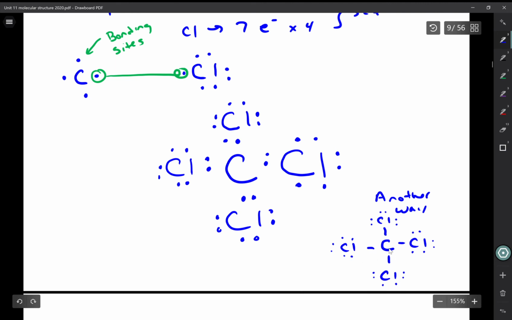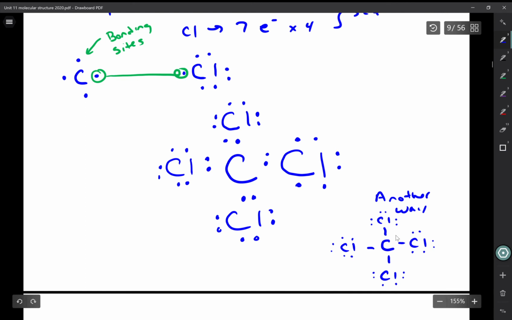Now, if we look at the carbon here, we're counting these as well because they're shared with a chlorine. So these electrons also count in carbon's total. 2, 4, 6, 8. So carbon has 8 electrons to itself. So that rule is satisfied. Each atom has 8 electrons, shared or unshared.